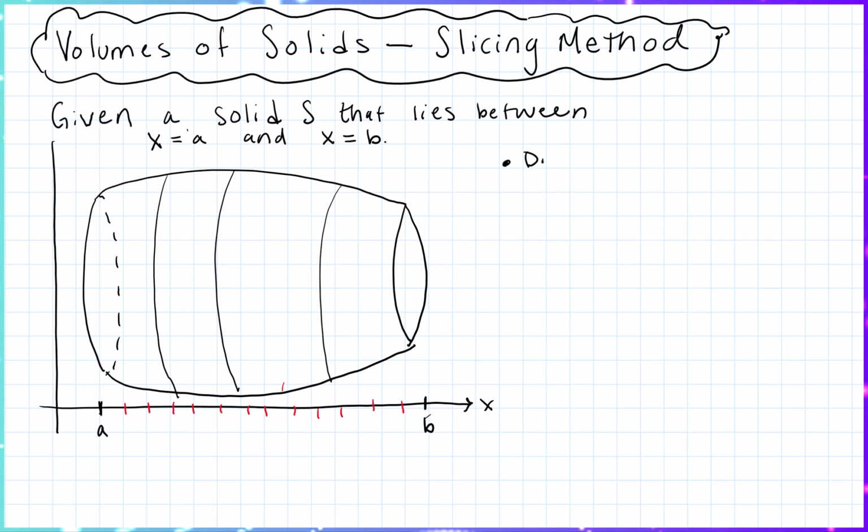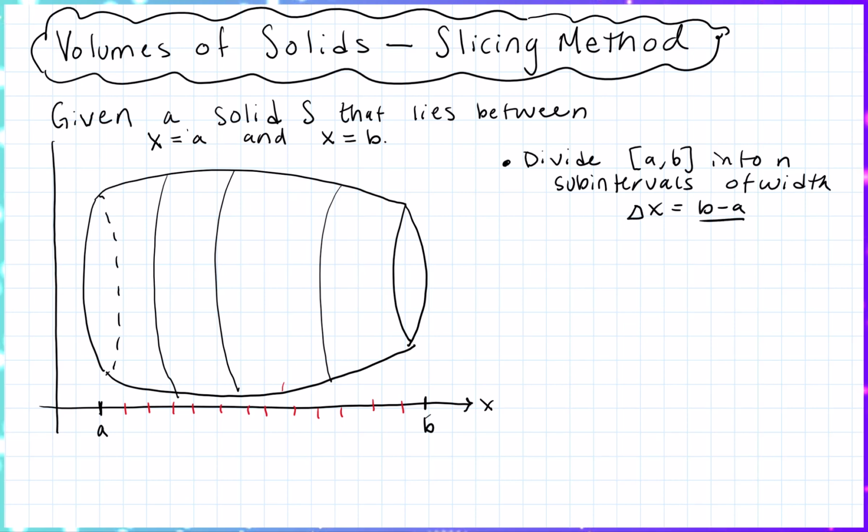So we divide the interval we're looking at, a to b, into n subintervals of width delta x, which will be b minus a over n.